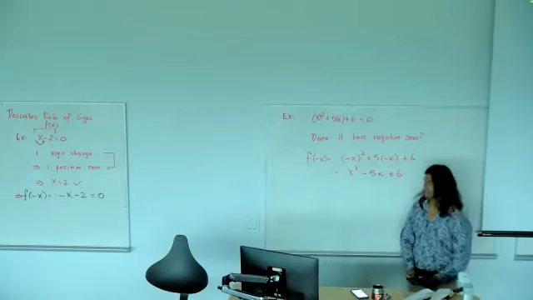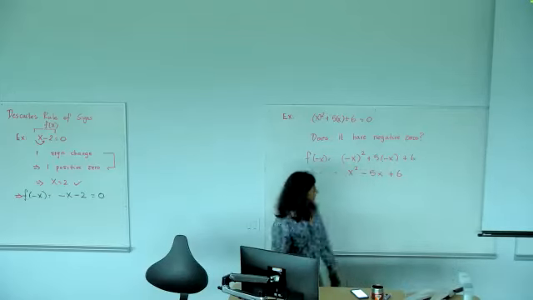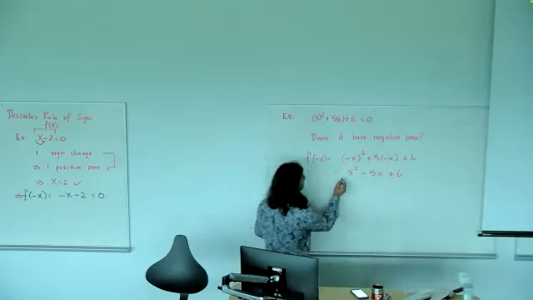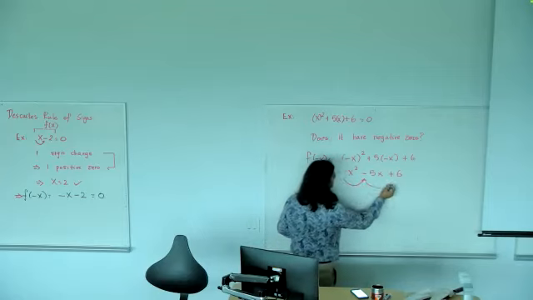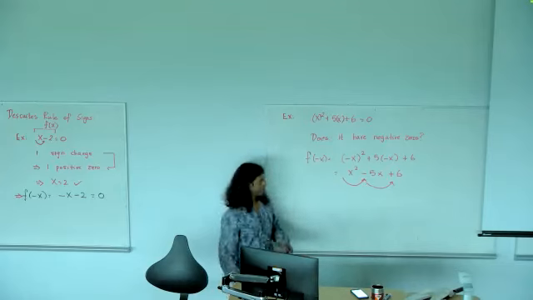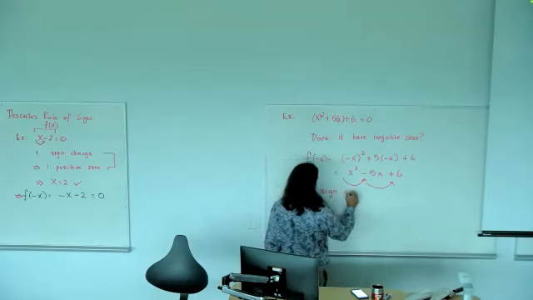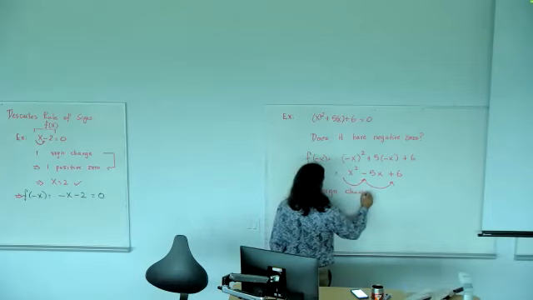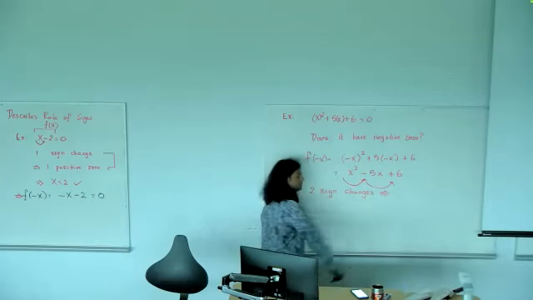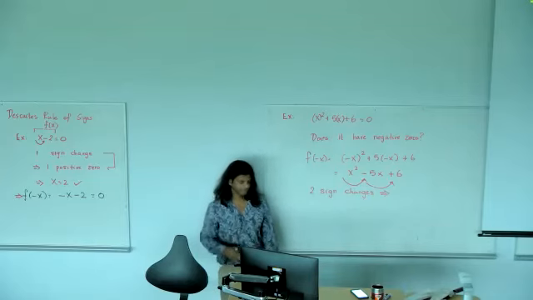This time, do you see any sign change? Yes. So I see one here and another. So in total, we have 2 sign changes, and we recognize that it would have 2 negative zeros.